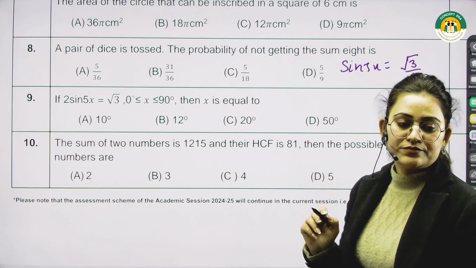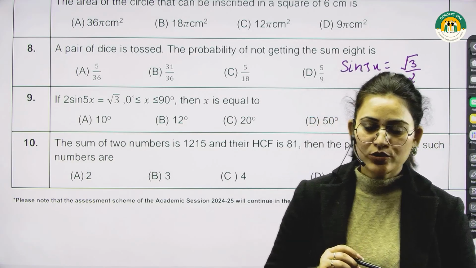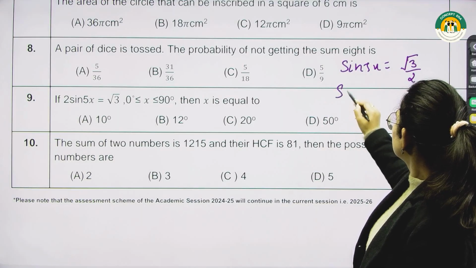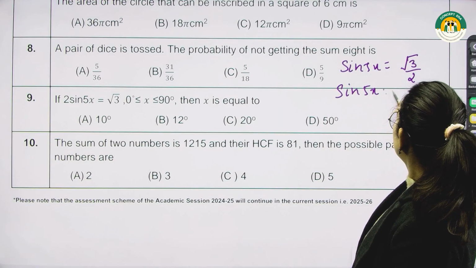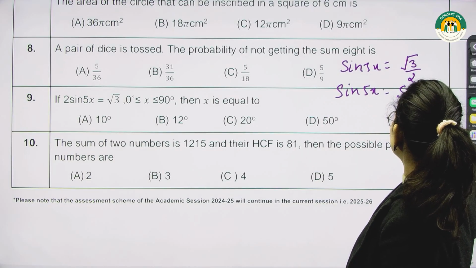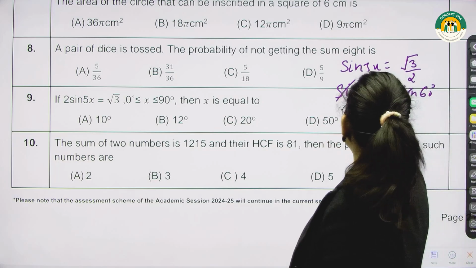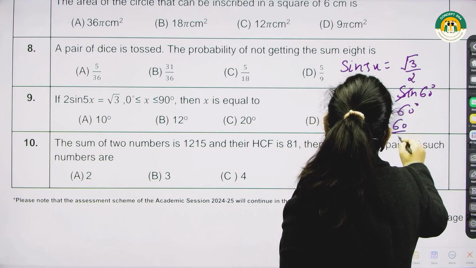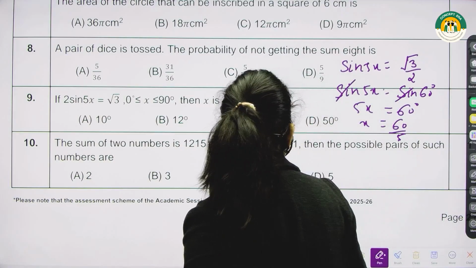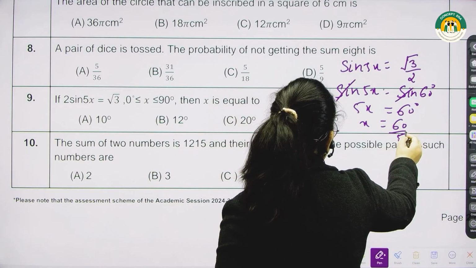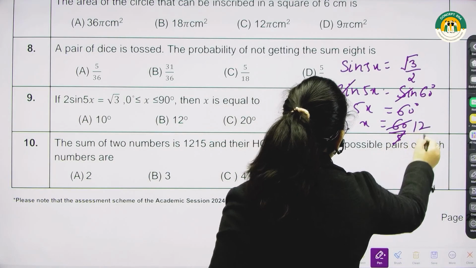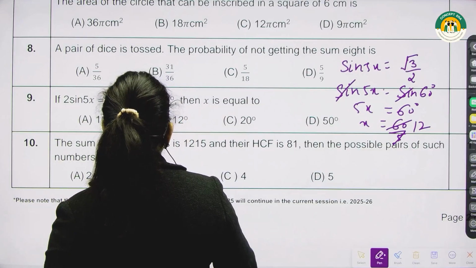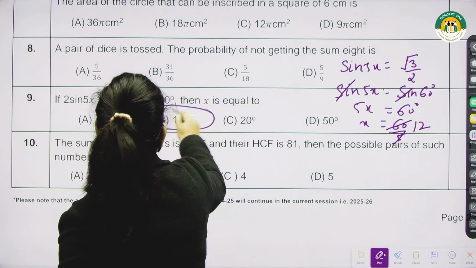The value of √3 upon 2 is sin 60 degree. Sin cancels sin. 5x is equal to 60 degree. x is equal to 60 upon 5. 5 12s are 60. So the answer is B.